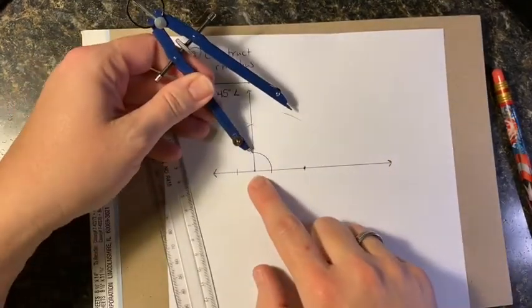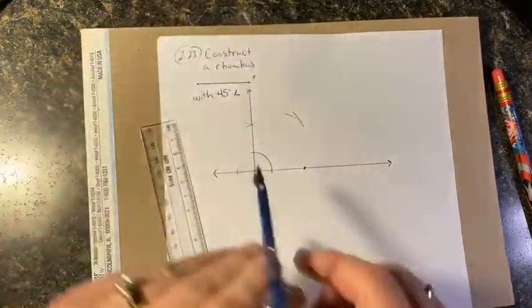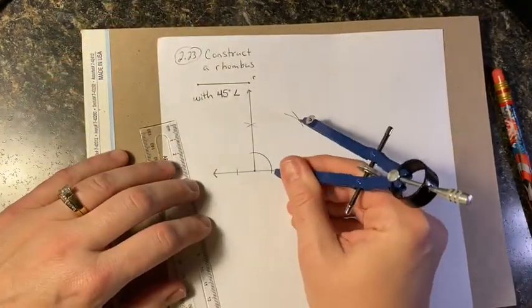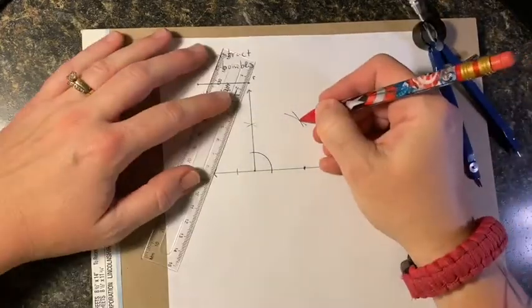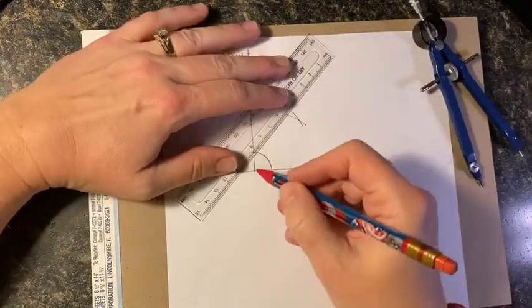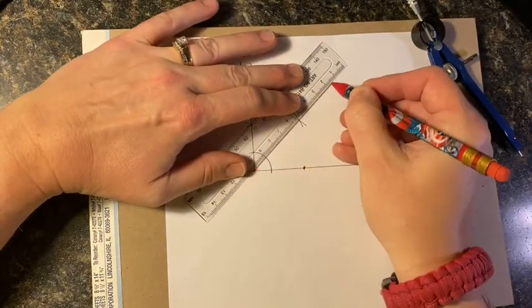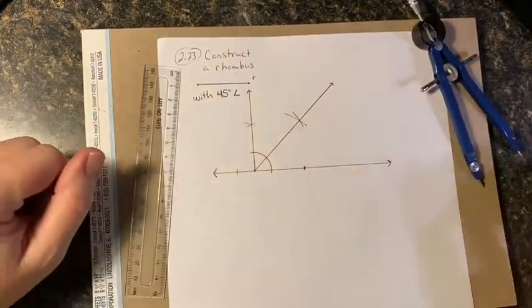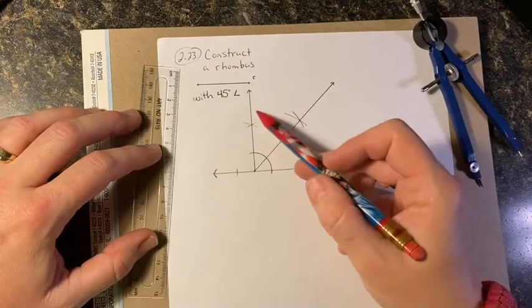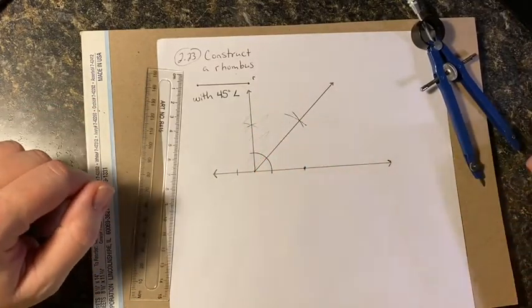Starting at the bottom one and then moving up to the top one, and then moving back to the bottom one because I missed it. All right, there we go. Now this is the bisection of our angle. And when we cut 90 degrees in half, we have now a 45-degree angle. Okay, so we don't need this outer part anymore. This is what we're working with inside of here, okay?